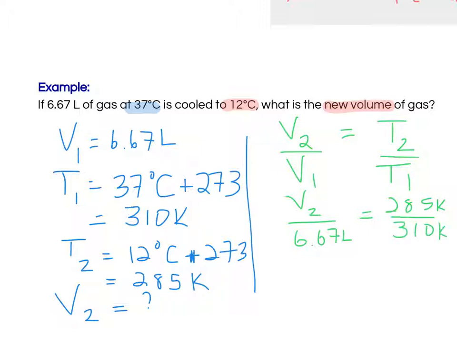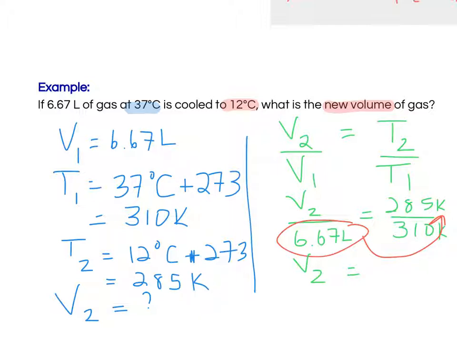Remember I'm wanting to isolate V2, so that means this 6.67 is going to go upstairs, and I'm going to multiply it by the 285 over 310. And so I get an answer there for V2. Let me just work my magic with my calculator here. 285 divided by 310 times 6.67, and I'm getting 6.132 and so on.